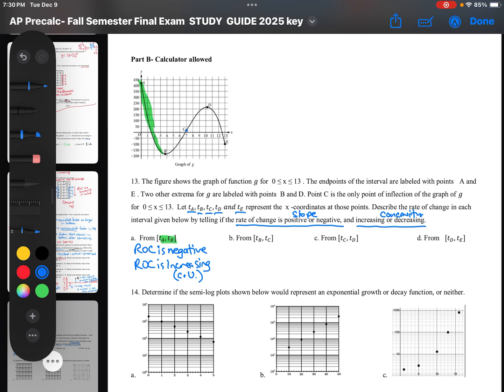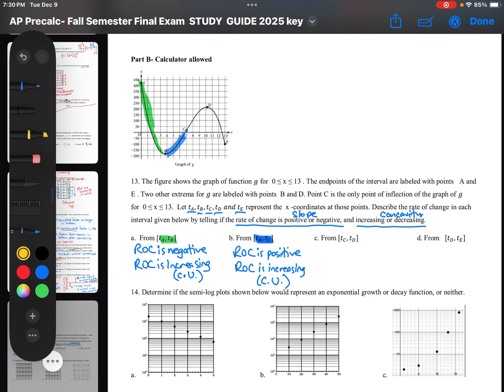Now I'm going to highlight B to C. In that section, I can see the rate of change is positive because it has a positive slope, and rate of change is increasing. Again, that's because it's concave up.